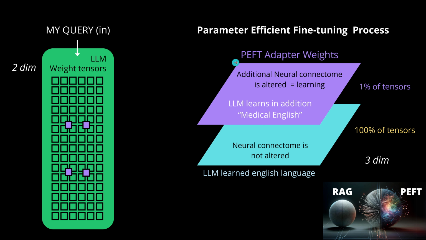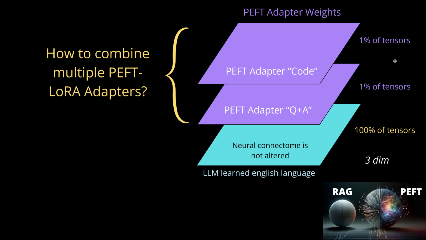And then we have here the PEFT LoRA approximation, where we inject additional tensors into our structure and in additional layers, as I just showed you, for some specific downstream task learning.